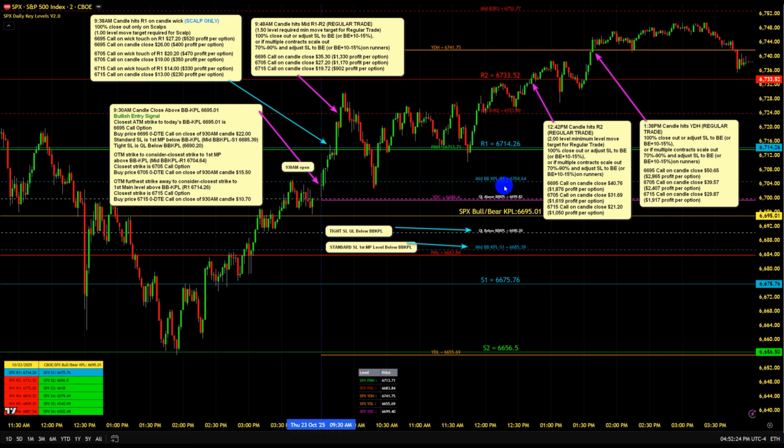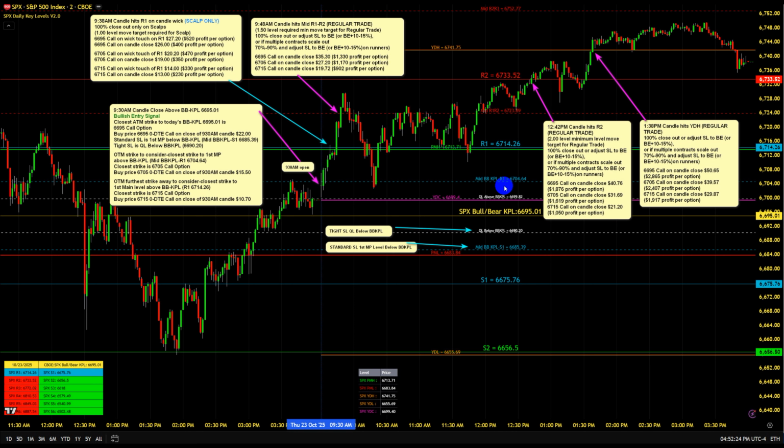However, there are opportunities later in the session, usually after the first 5 to 20 minutes, to take either bullish or bearish trades off of the other main R or S levels, and there will be a video in the description with a link to that, which goes over in more detail entering bullish and bearish trades off any of the other main R and S levels.